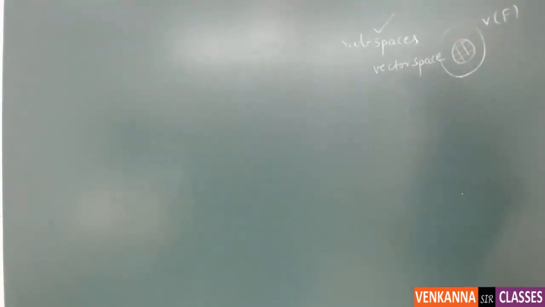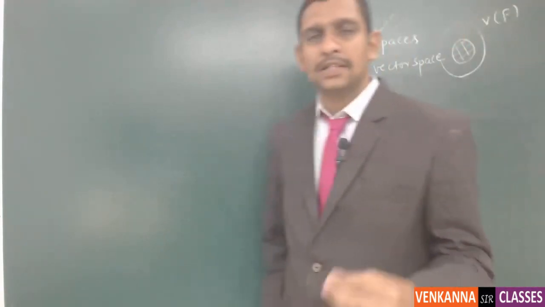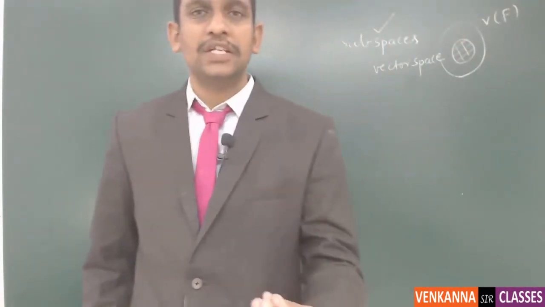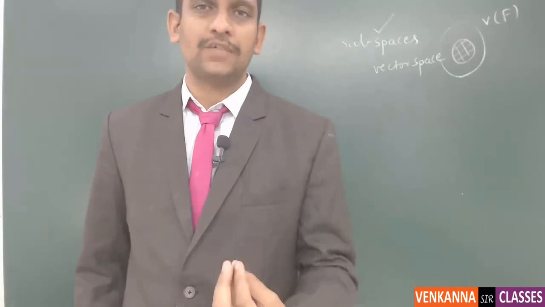Please understand that the concept of vector spaces is very abstract, similar to the regular numbers, polynomials, matrices, and anything you can take. So whenever a set satisfies these specific conditions, we are calling it as a vector space.